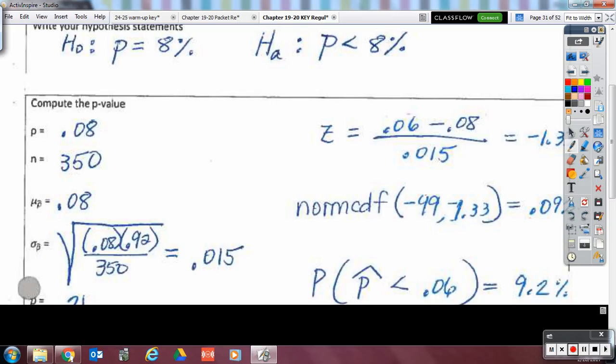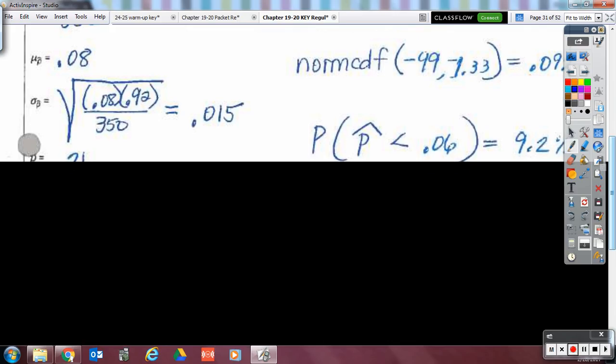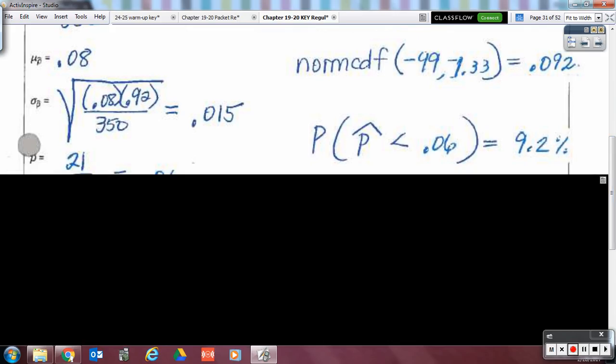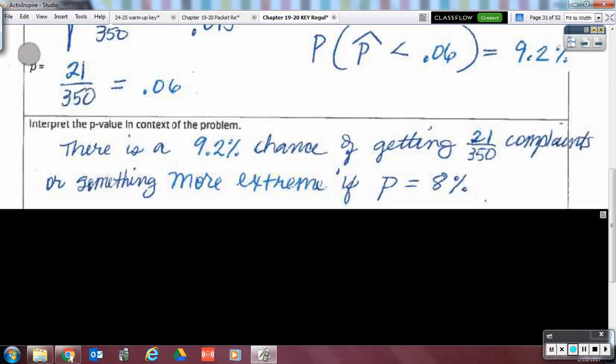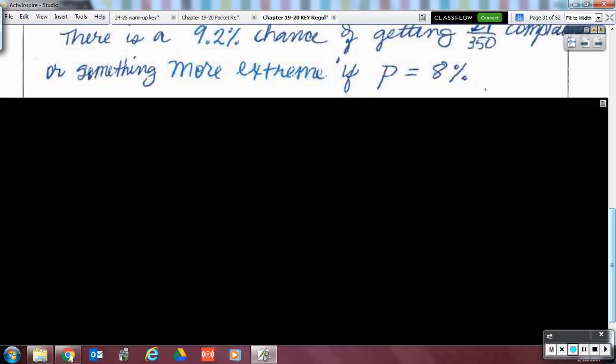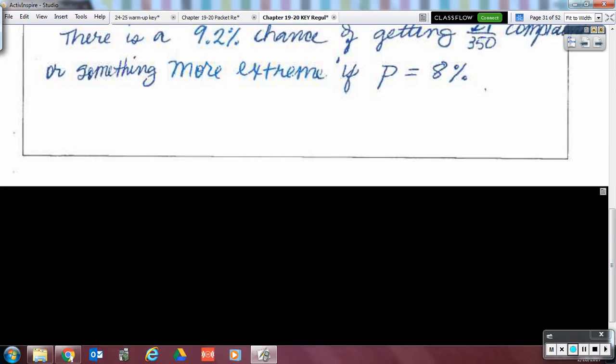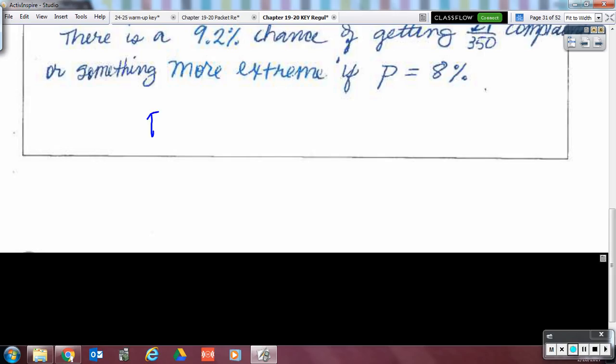All right, so coming down here, let's see what our p-value is. What do you have to say about that p-value right there? Okay, so there was a 9.2% chance of getting that sample or something more extreme if the null is true. So we write this: p-value of, and I write it as a decimal, 0.092.